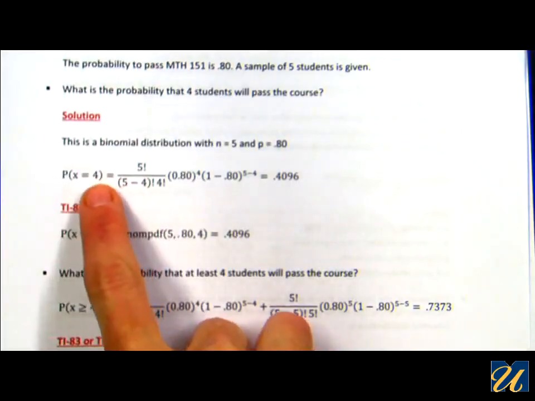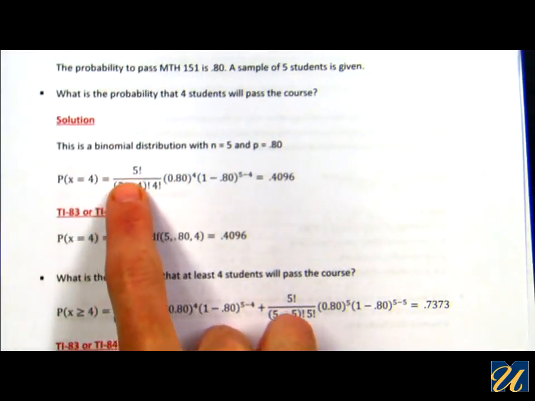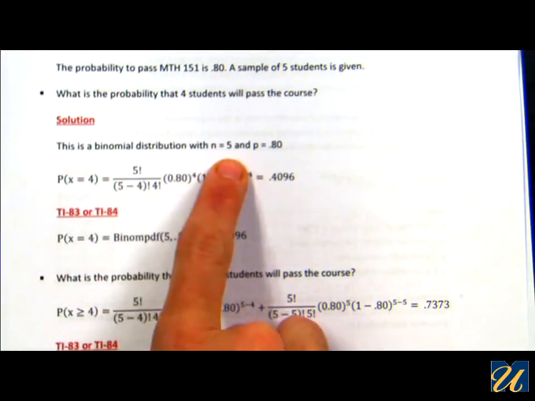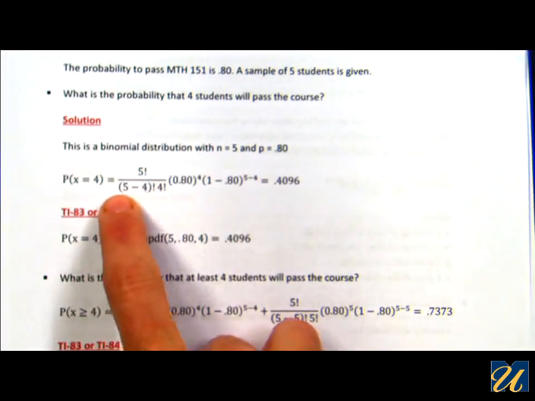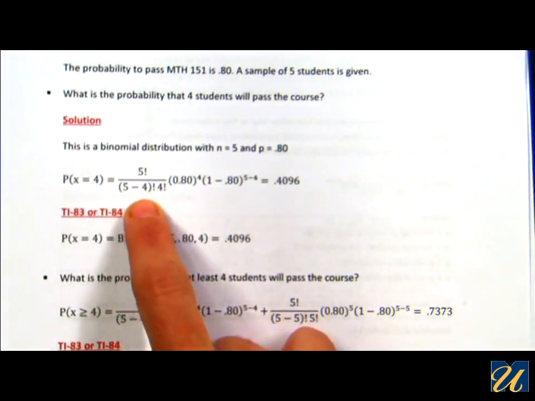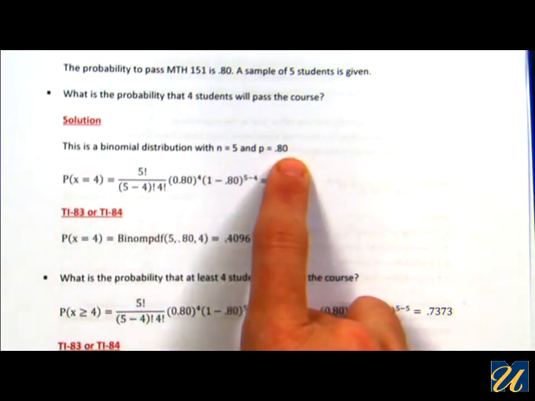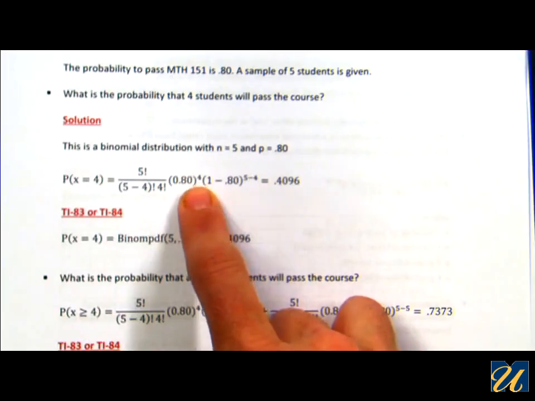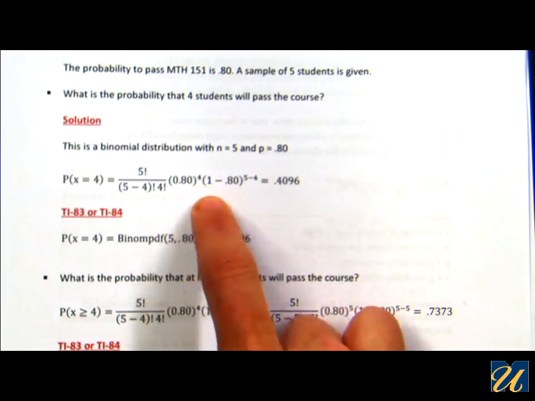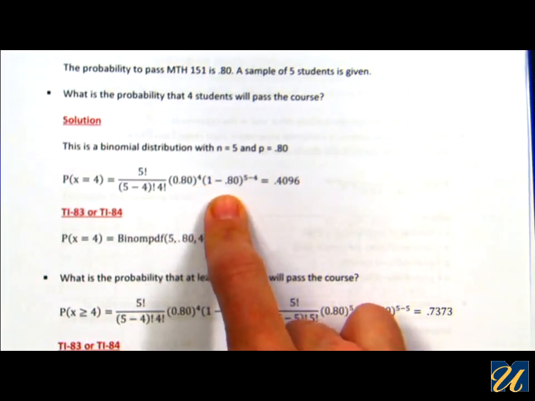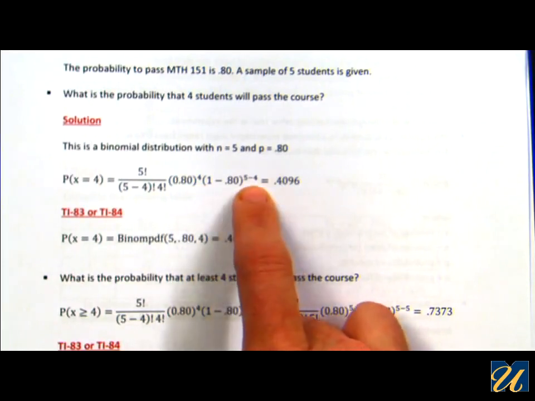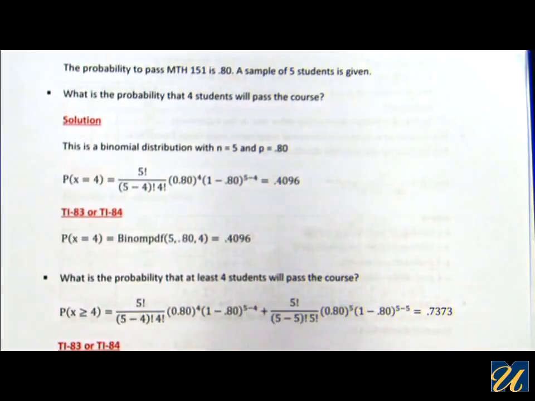If you were to use your formula, this would be n factorial, which is 5 factorial, over 5 minus 4 factorial times 4 factorial, times 0.8, which is your p, raised to the power of 4, because this is your x, times 0.2, which is q, raised to the power of n minus x, 5 minus 4. If you do the calculations, you end up with 0.4096.